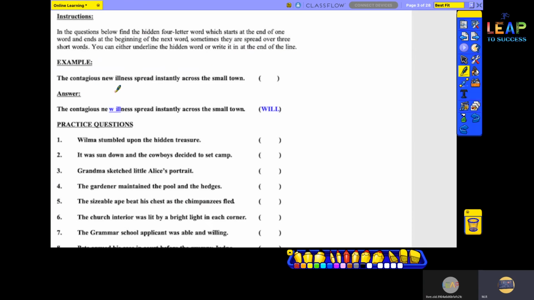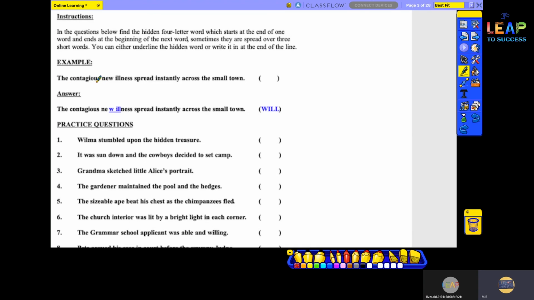So if we look at this example, the contagious new illness spread instantly across the small town. So again, if we look at two and two, because you cannot have three and one, because that is the beginning of the word. So if we try that, we've got two and two, that doesn't work. And we've got HECO, doesn't work. And then if we've got one and three, so we've got ECON, econ, not heard of that word. So let's keep moving on.